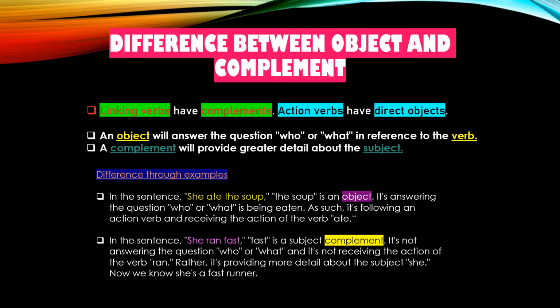It's not answering the question of who or what, and it's not receiving the action of the verb ran. Rather, it's providing more detail about the subject, which is she. I think now we know she is a fast runner. I hope this can clear a bit the difference between the object and the complement.